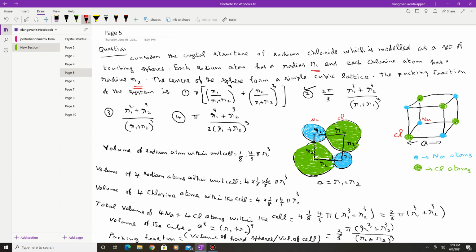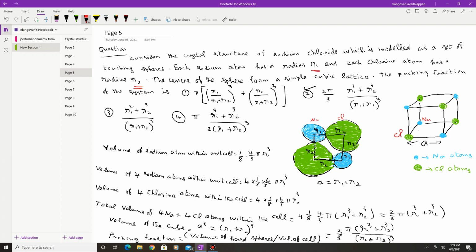Now the volume of the sodium atom within the cell: here there are 8 atoms at the corners of the cube. So the contribution of each atom to the particular cell is 1 by 8. If we take the sodium atoms alone, there are 4 sodium atoms.